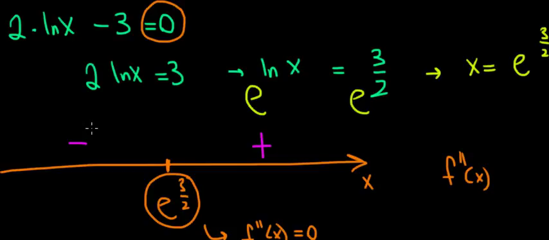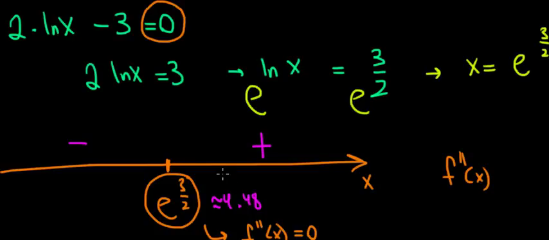And just to prove the point, let's actually give such values. First of all, let's see what is e to the power of 3 over 2. In the calculator, that's 4.48. So this value is approximately 4.48. Let's take the value of 5, a value higher than 4.48.